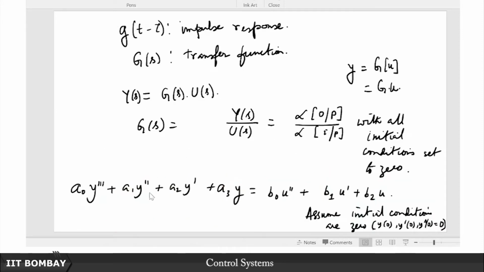It is assumed that the zero input solution you already know how to solve.